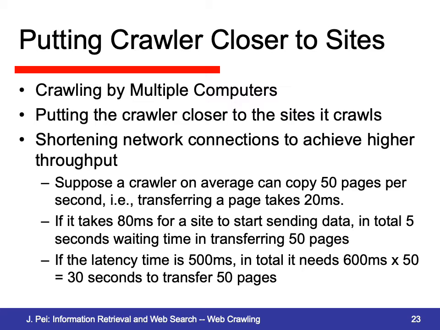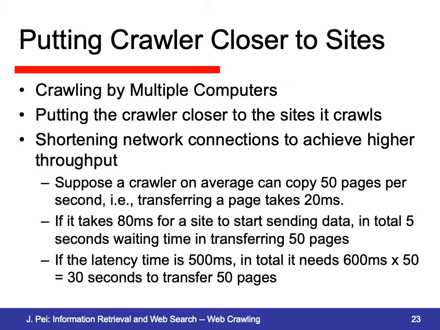Let's do a simple calculation. Suppose a crawler on average can copy 50 pages per second. Then it can transfer a page in 20 milliseconds. This is 1 second divided by 50.